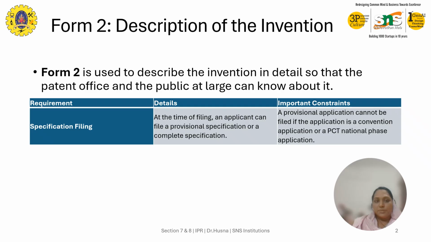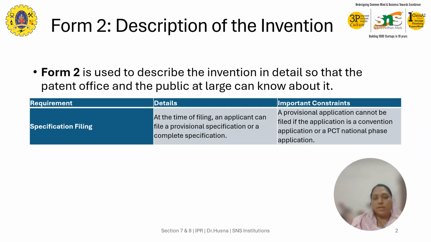The provisional specification is filed when your invention is still under development. It helps us secure an early priority date, which is extremely valuable in patent protection. What are the key points?